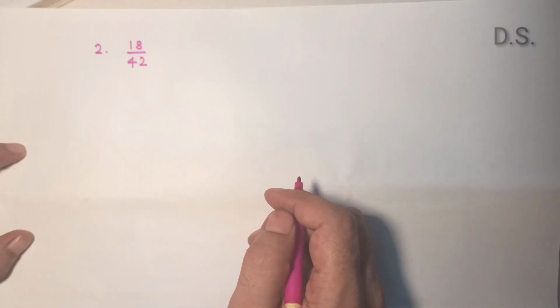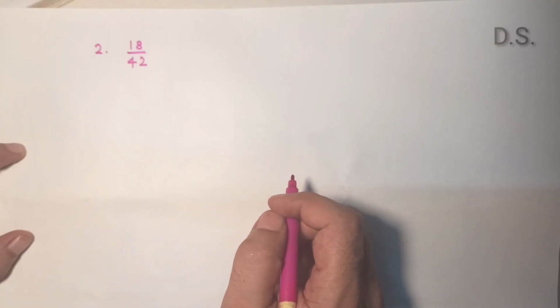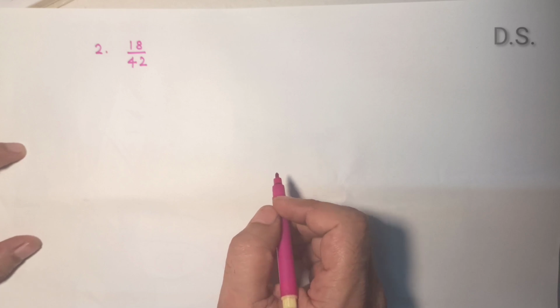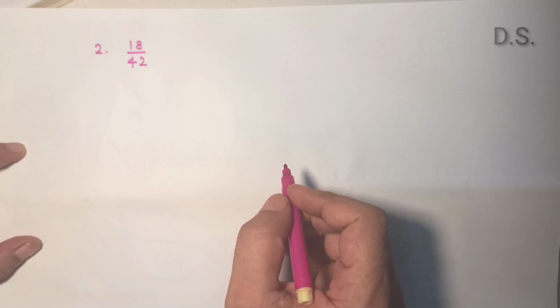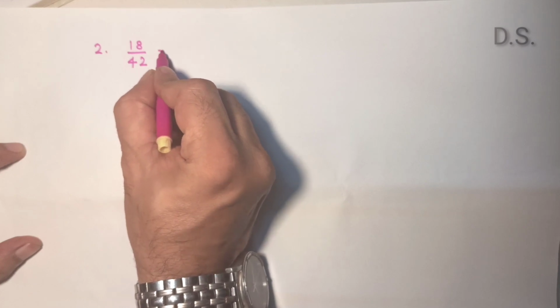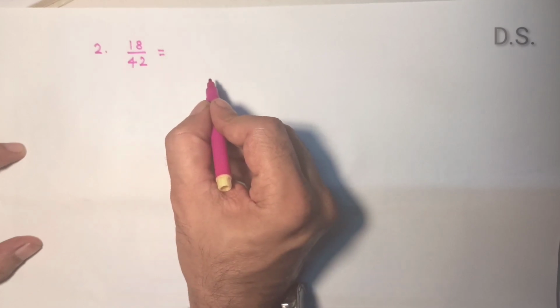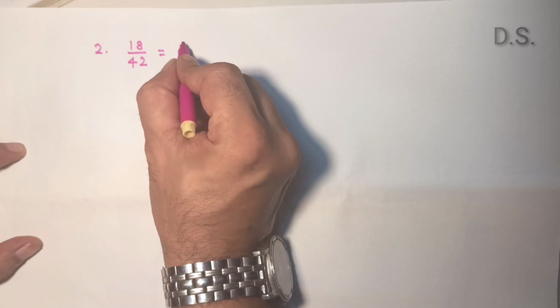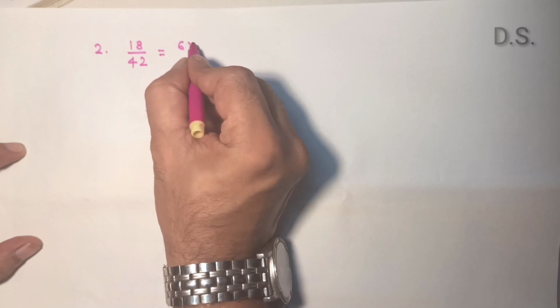Second question is 18/42. Here actually we have to divide 18 by 42, but I'll try to find the simplest form of this fraction. I'll find the common factor 6.